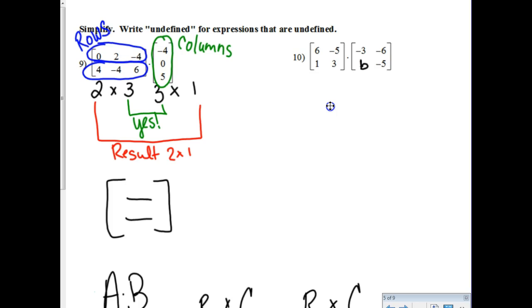Negative 16 plus 0 plus 30. What's negative 16 plus 30? 14. Write it down in position 2, 1. That's it. Super fun. All right, so I need to write those down. What were they? Negative 20 and then positive 14?